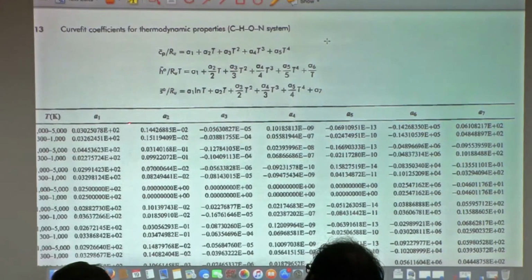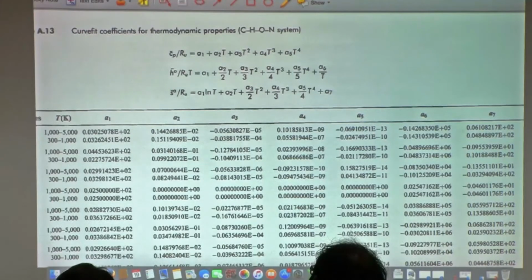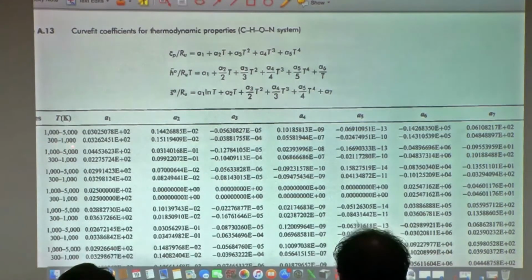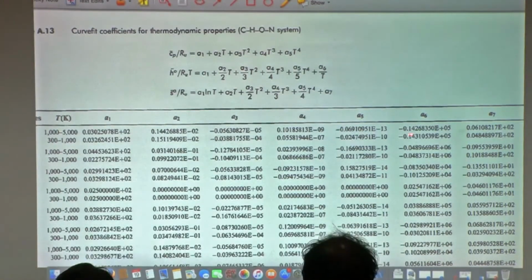Then for different species, they have these 5 constants. Okay. The common way is to write 2 sets of these constants. From 300 to 1000, there are 5 values. Actually 7 values, because there is also A6 and A7.